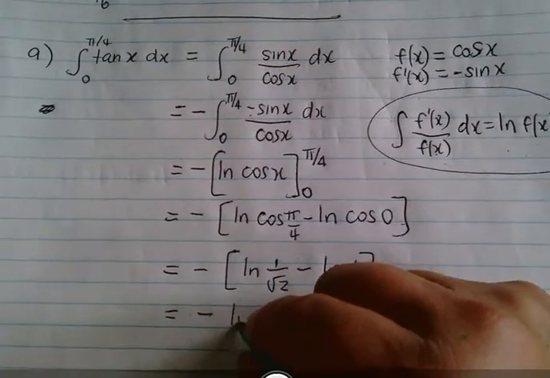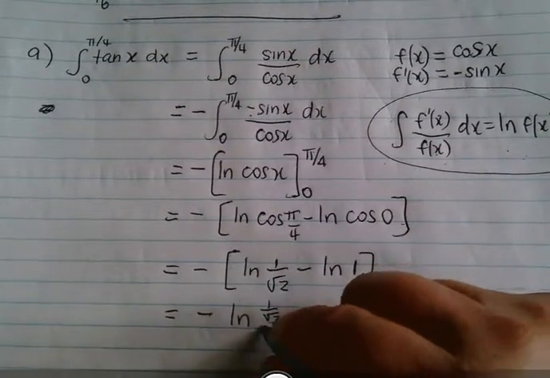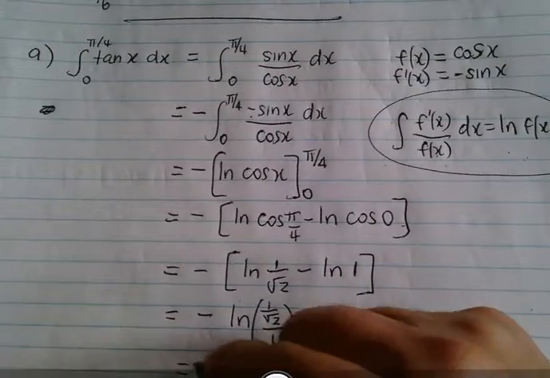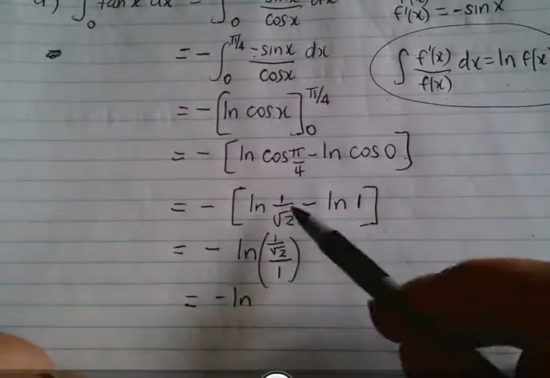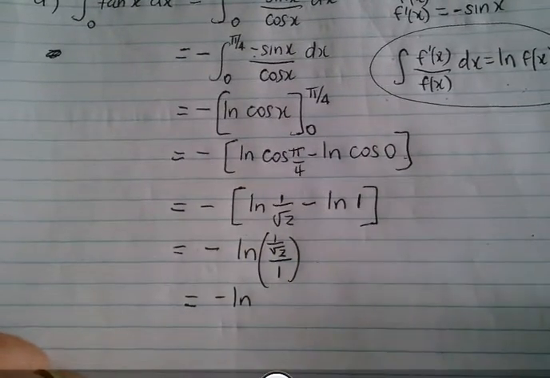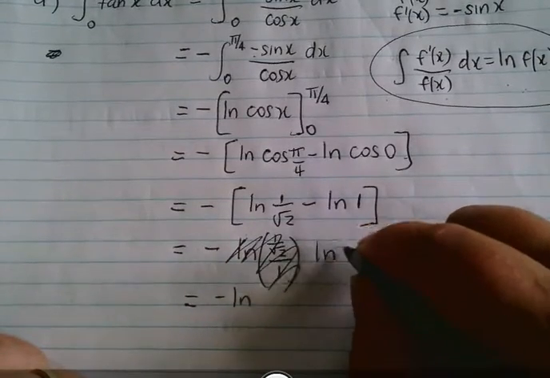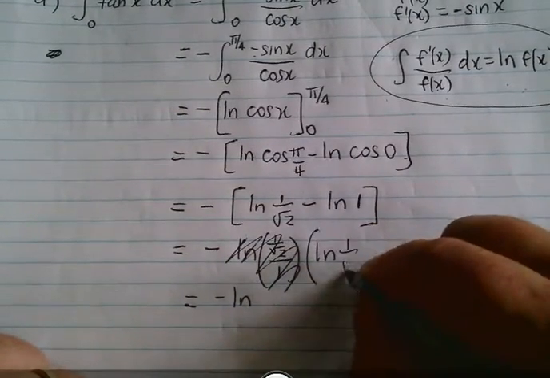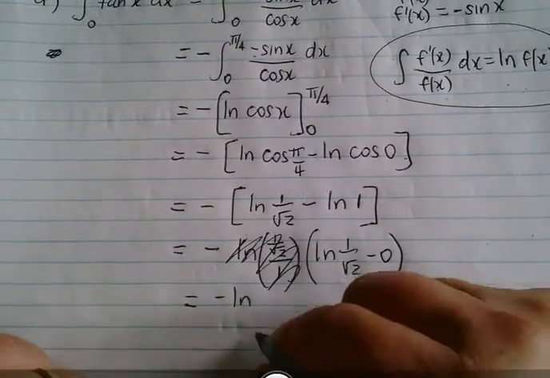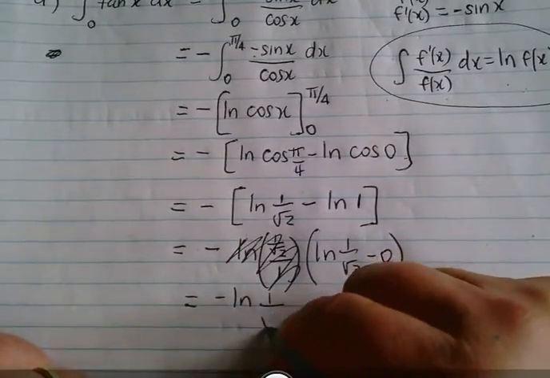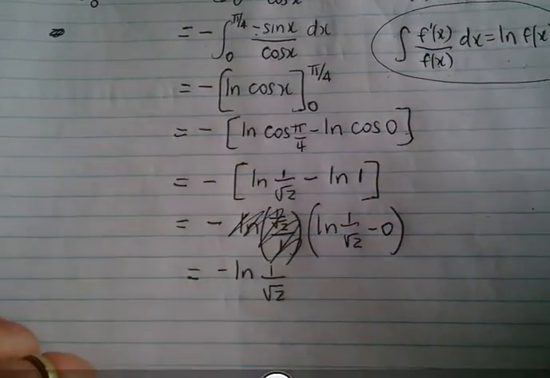You divide them. 1 on root 2 divided by 1. What's ln 1 anyway? Isn't ln 1 0? So you don't have to divide if you don't want. It's just negative ln 1 on root 2 minus 0, which is negative ln 1 on root 2, but I don't write it like that.